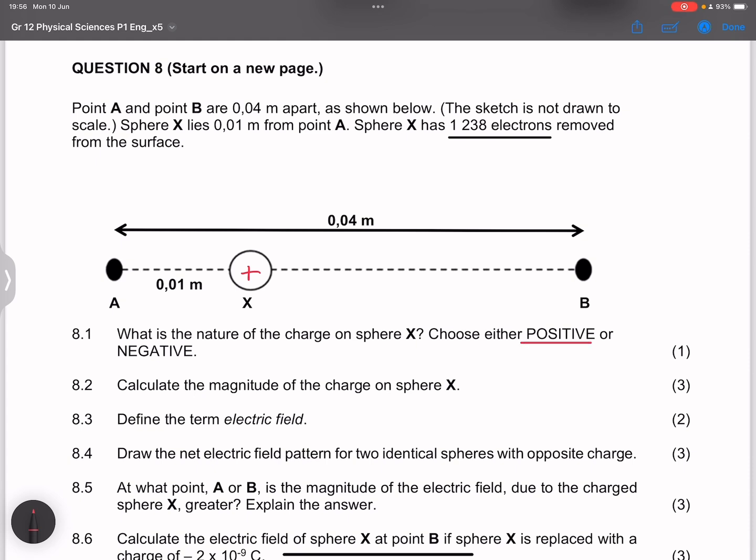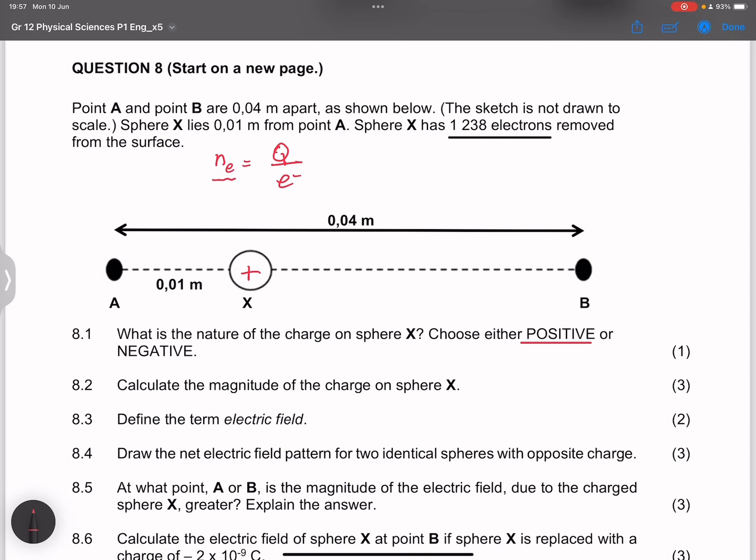Now they say calculate the magnitude of the charge on sphere X. So now what we're going to do is use our formula. We know that the number of electrons would be the charge divided by the unit charge of an electron. Actually, let me just use e there. Now we're given the number of electrons that were removed.